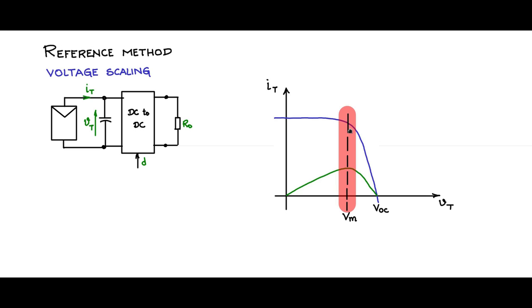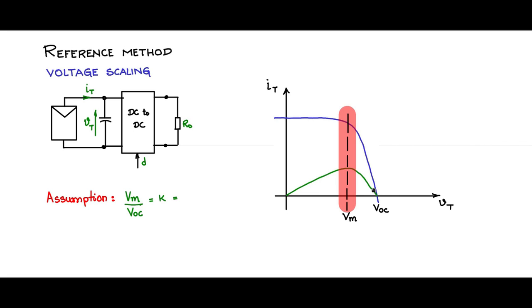So literature has taken this approach that we make an engineering approximation, we make an assumption saying that Vm by VOC, that is this value divided by the VOC value on the voltage axis, is a constant.